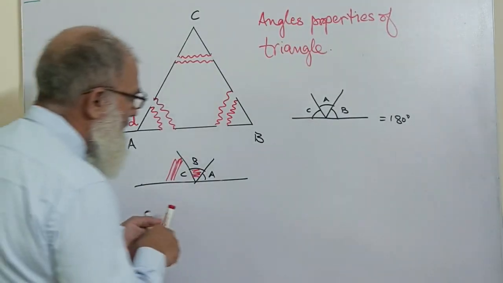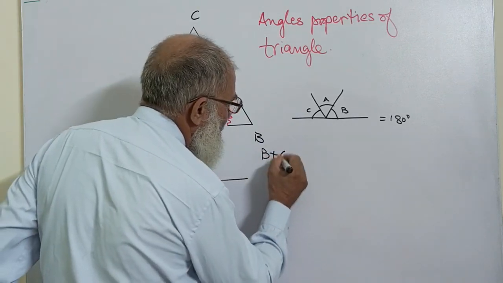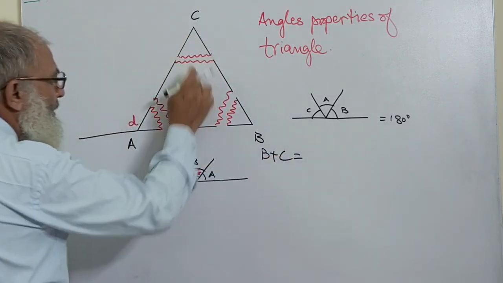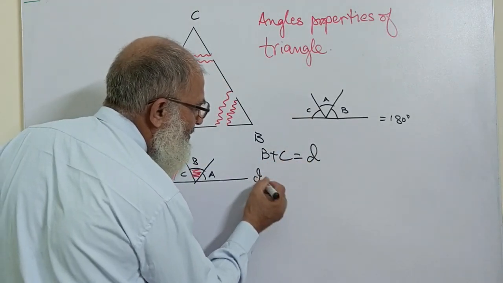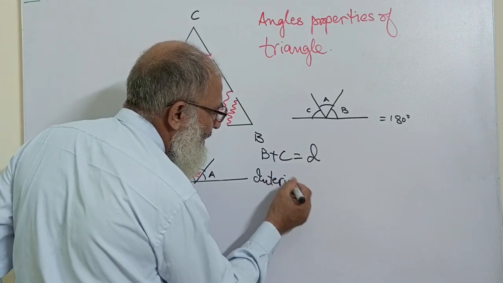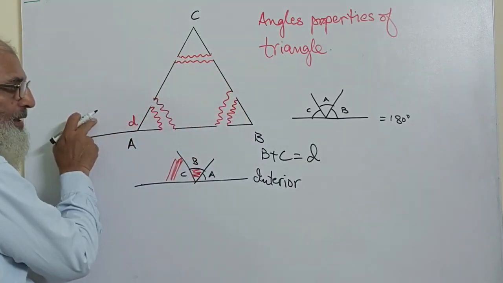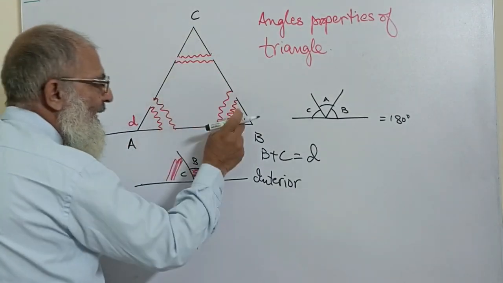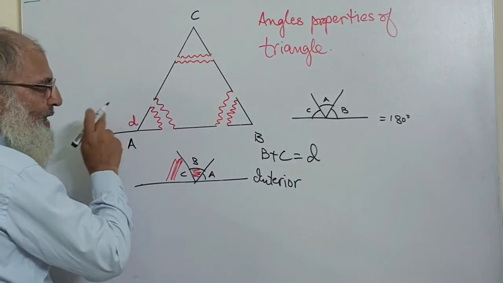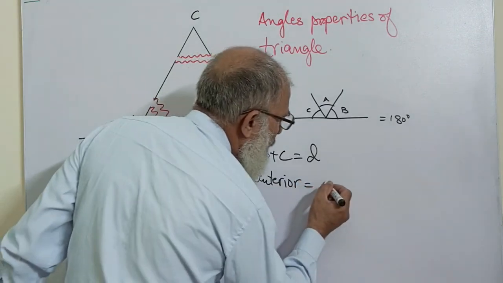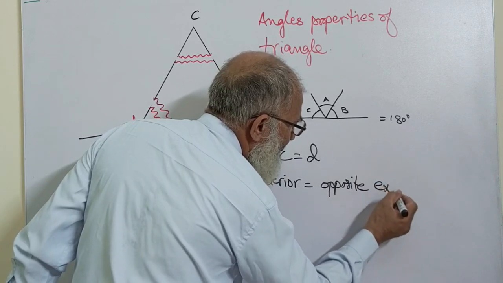That B plus C is equal to D. Now these are the two interior angles, and D is the angle opposite to B and C and is the exterior angle.